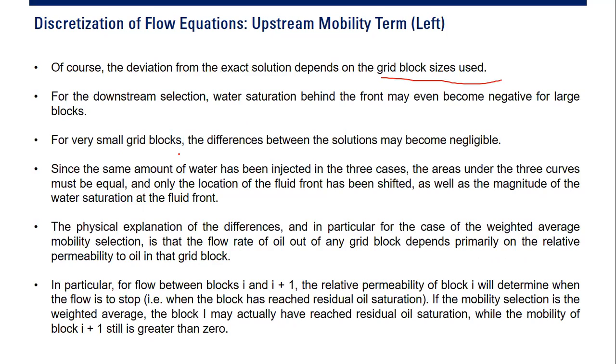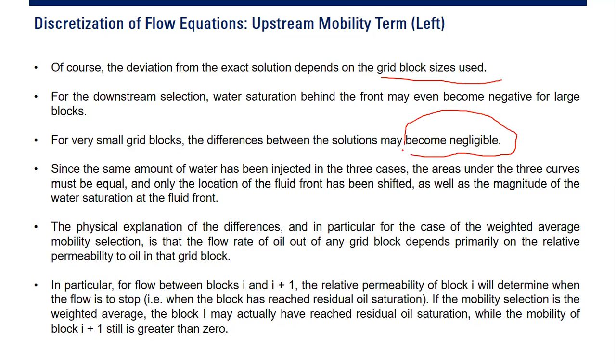For the downstream selection, water saturation behind the front may even become negative for a large block. I mean, the smaller the grid block, the more accurate the solution will be. For very small grid blocks, the differences between the solutions may become negligible.